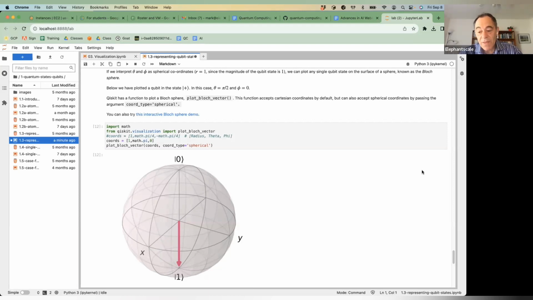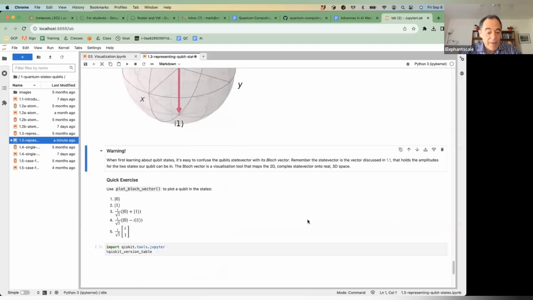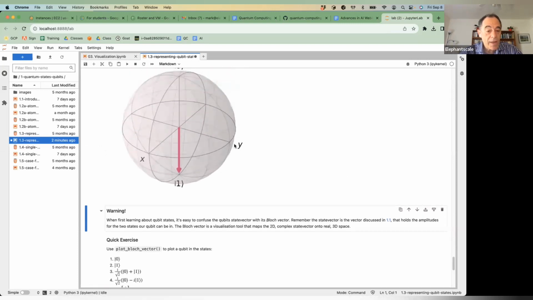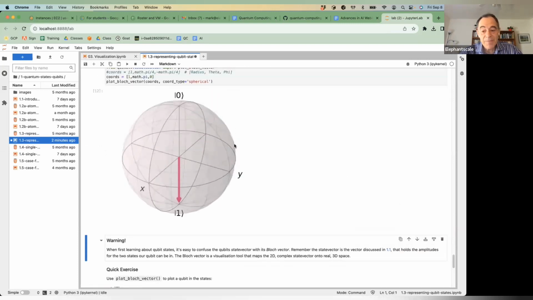And I have to confess, guys, I am not sure that I will be able to do the exercises, but you will help me. Okay. Now, we want to present a qubit in its 0 state. What should it be on the Bloch sphere, and how do I give it the parameters?